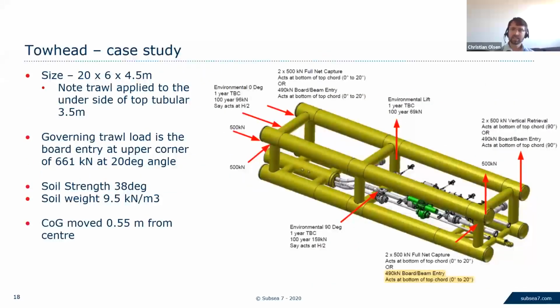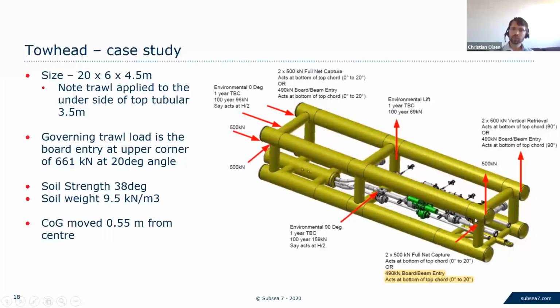So in this case study, I've used a towhead that is shaped like this. This towhead has tubulars on the edge, so you can imagine that the trawl gear gets stuck a bit underneath here. If the trawl gear comes flying over here, then the load will be applied on this corner.